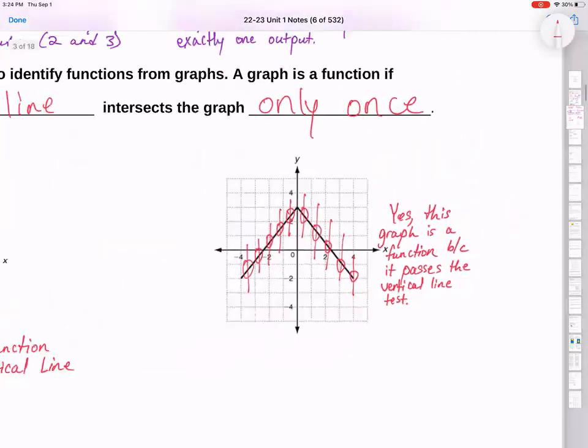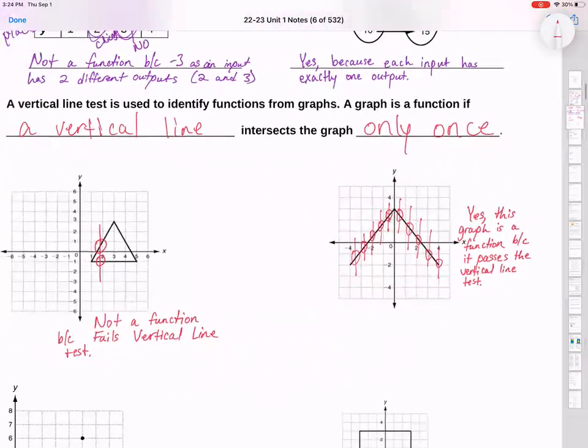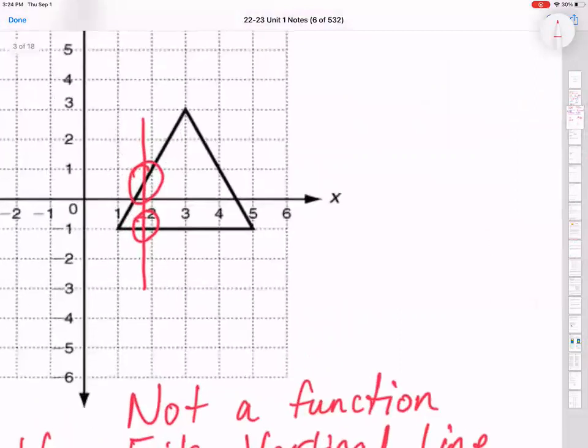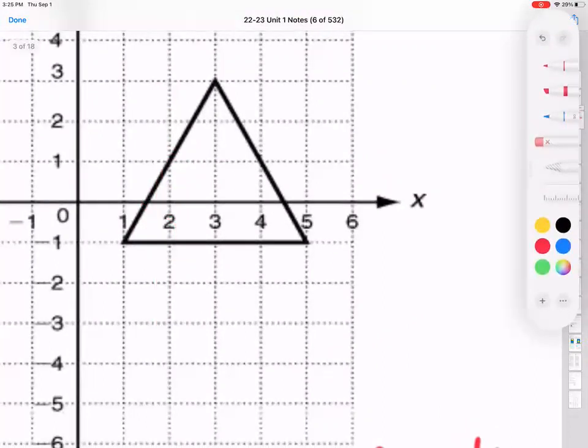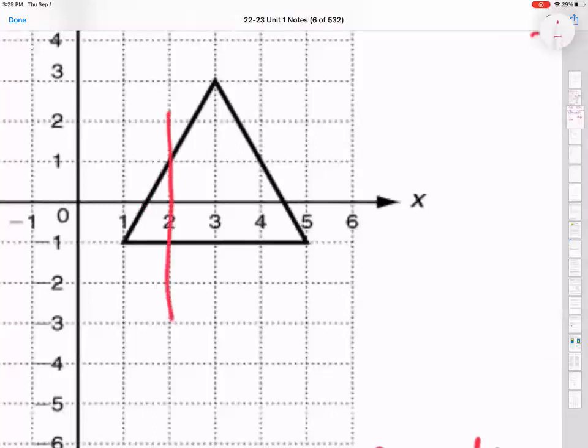And now let's quickly talk about why this happens, whether it's a function or not. Let's do a different vertical line so we can see it a little bit better. Suppose that you crossed your vertical line at x value being 2.